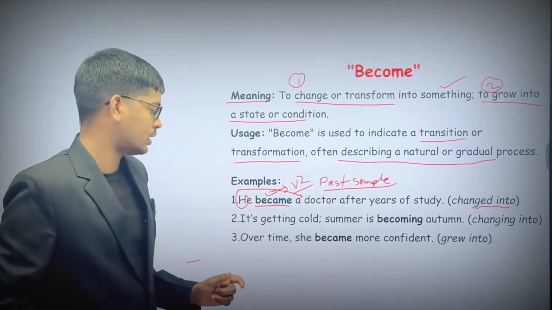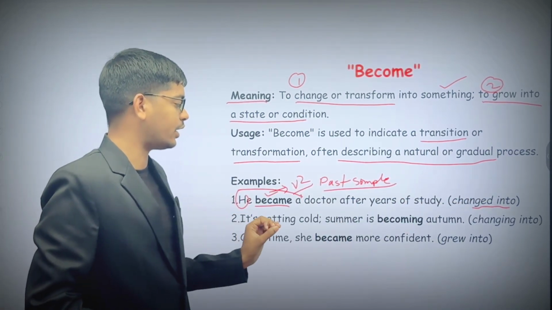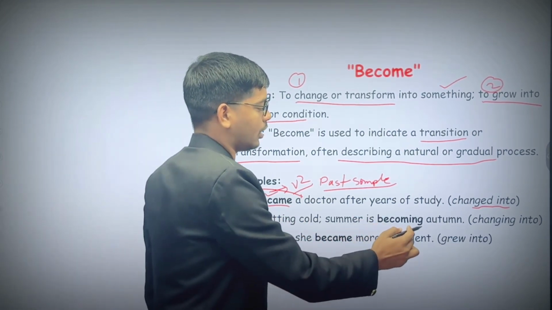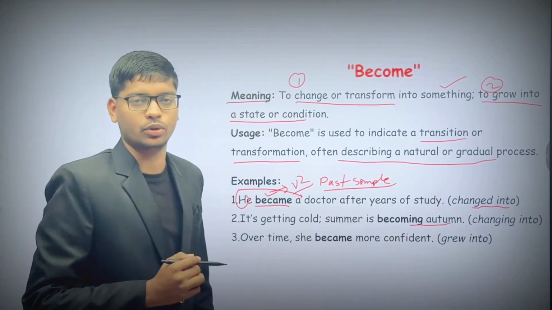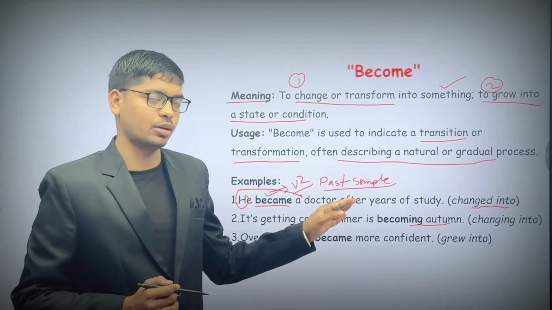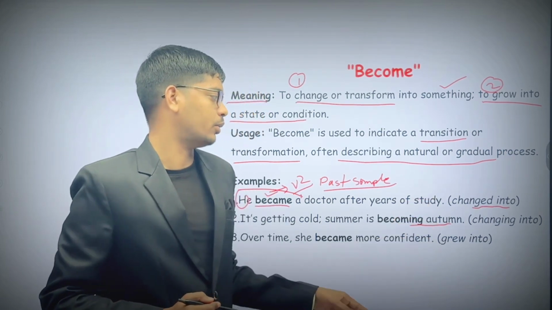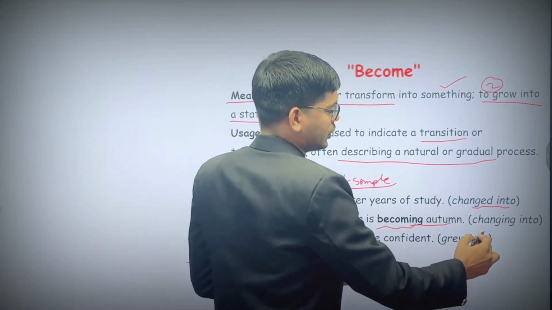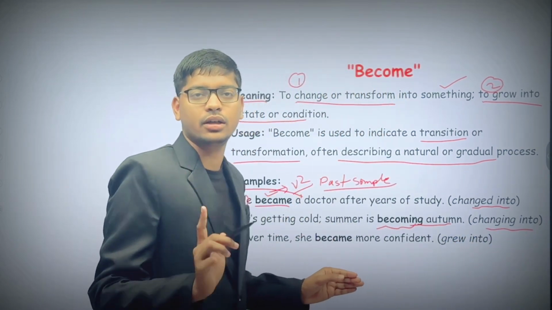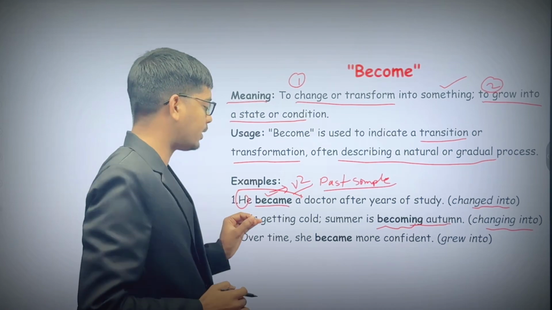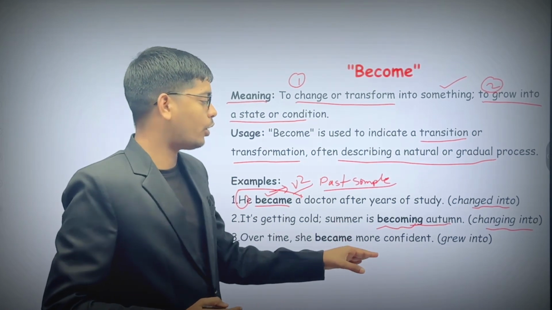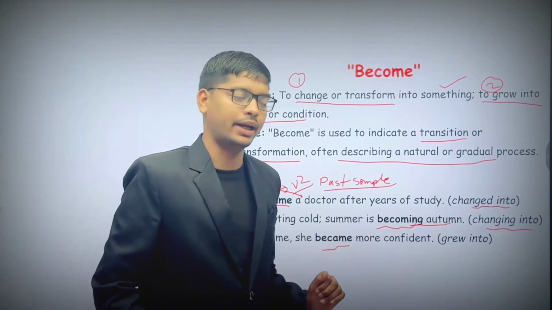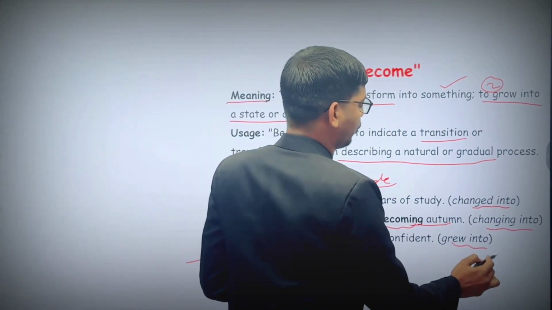Next example: it's getting cold, summer is becoming autumn. Here also becoming has the sense of changing into. Next, over time she became more confident. Here also it means grew into. So, like transition or transformation, she became more confident, grew into.